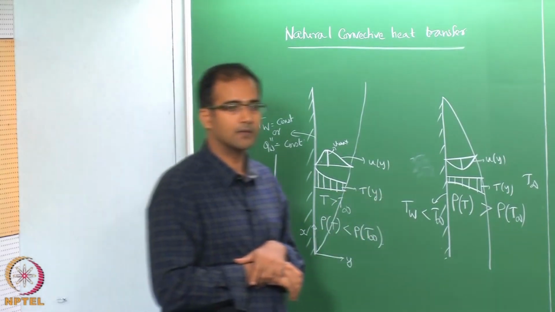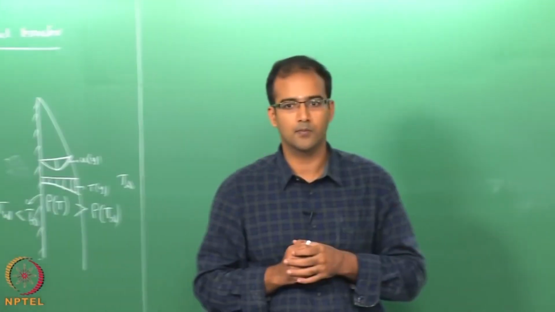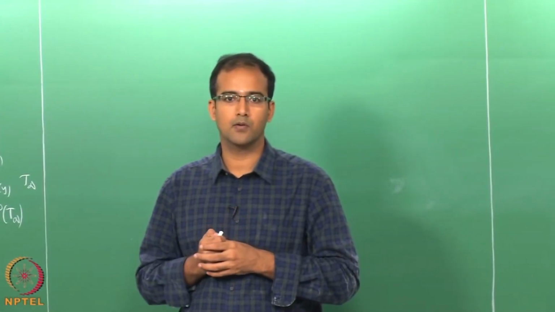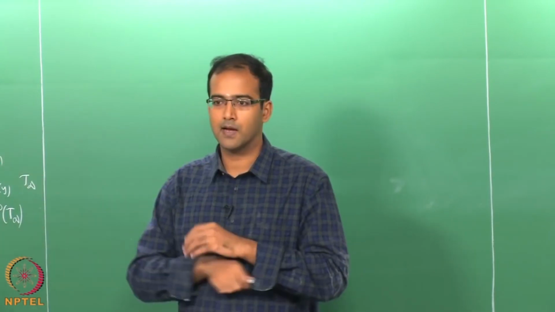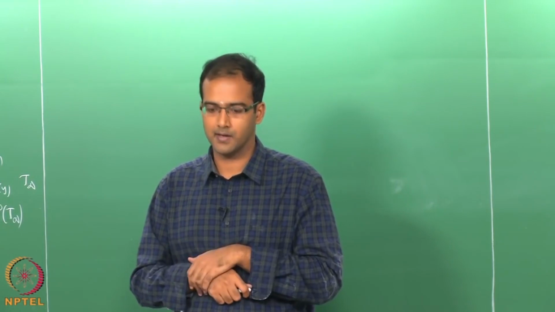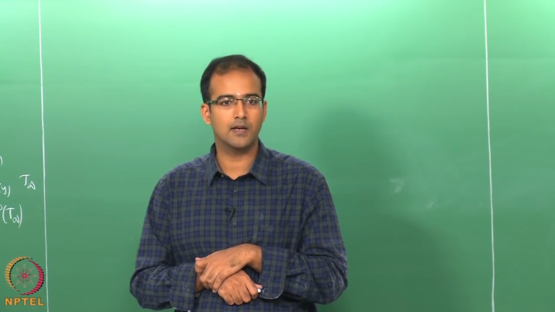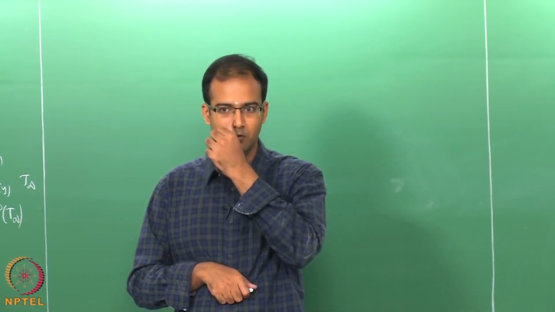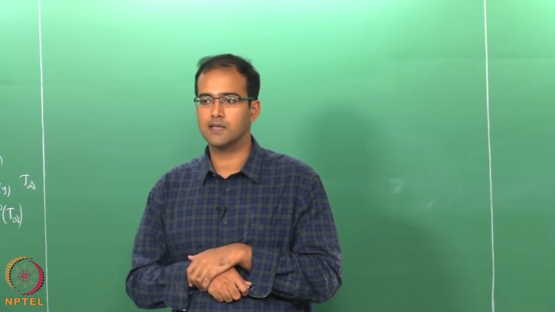Correct. So, we have demonstrated the fundamentals of the motion of convective boundary layer when you have buoyancy, in the case where we have a heated plate and a cooled plate. Now, let us try to derive the governing equations for this case. We will keep the boundary layer as the example.